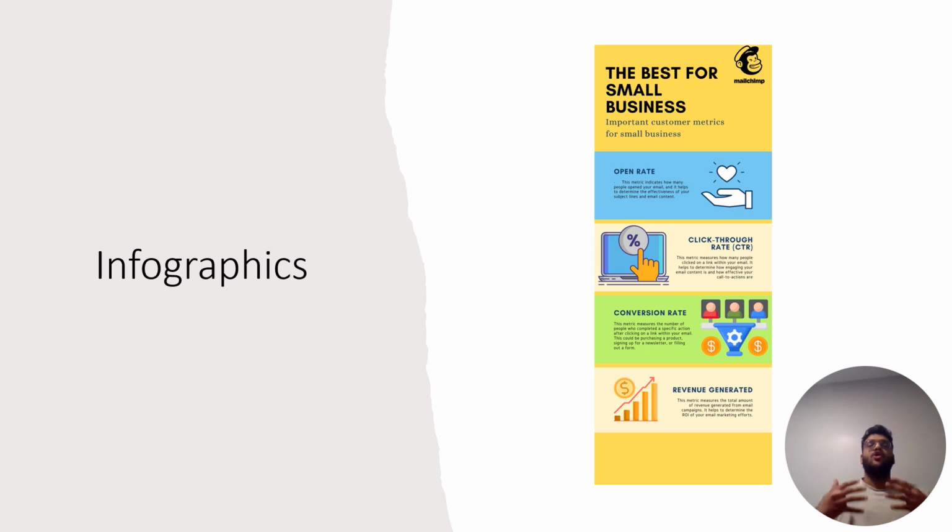Now, let's talk about conversion rate. For most small businesses, it's very important to see how many people are going to their site and completing a specific action. For example, if I went to a website, went to the cart and purchased, that is a conversion.